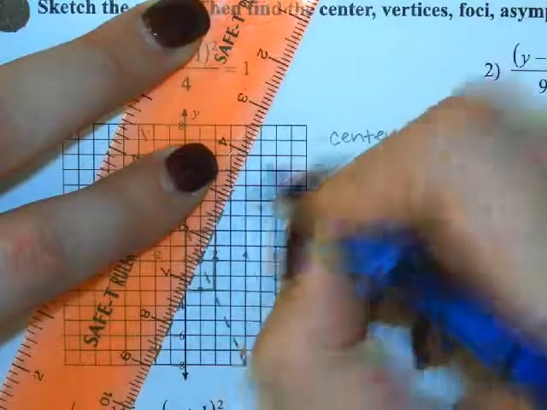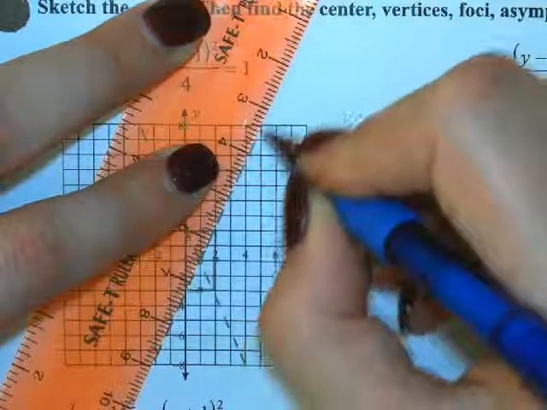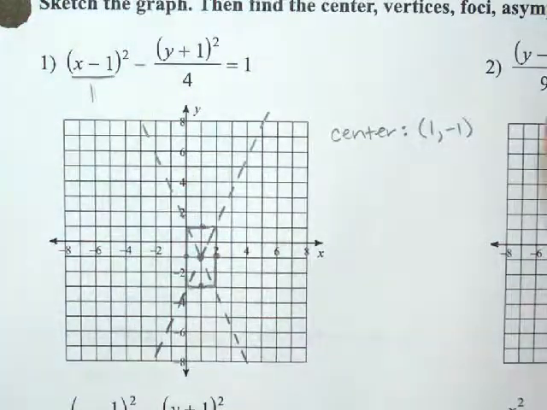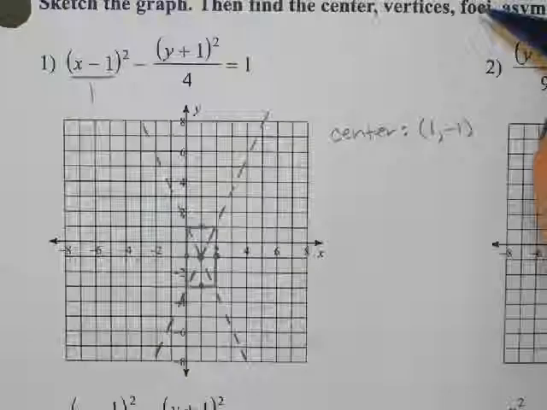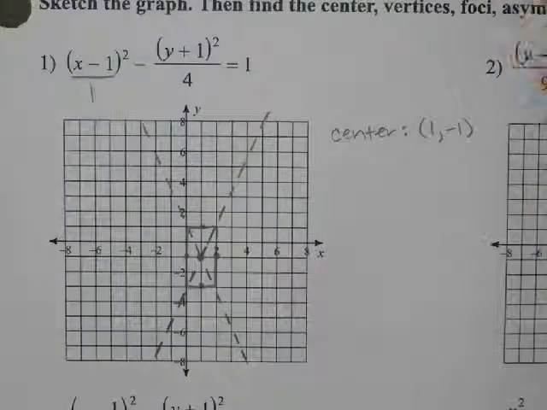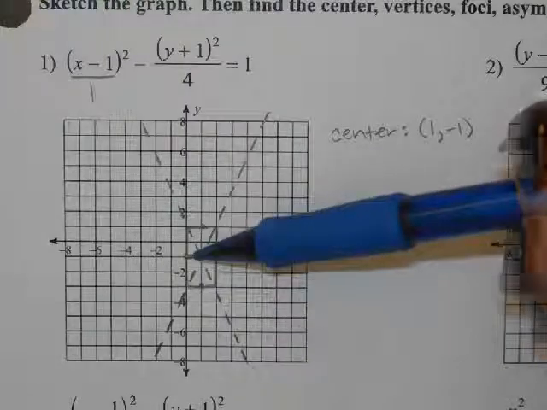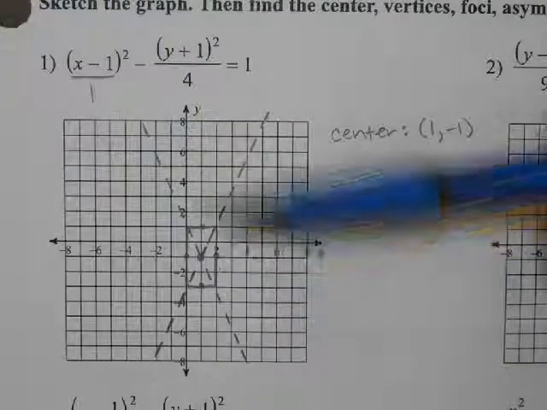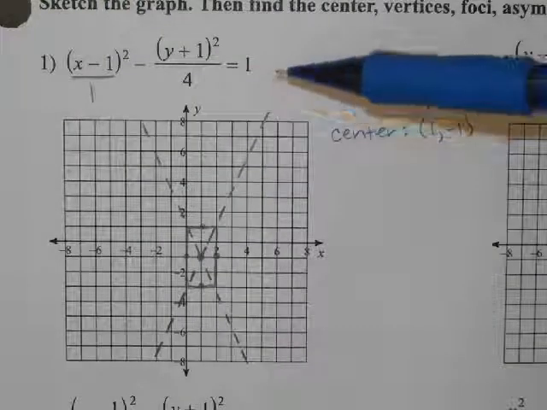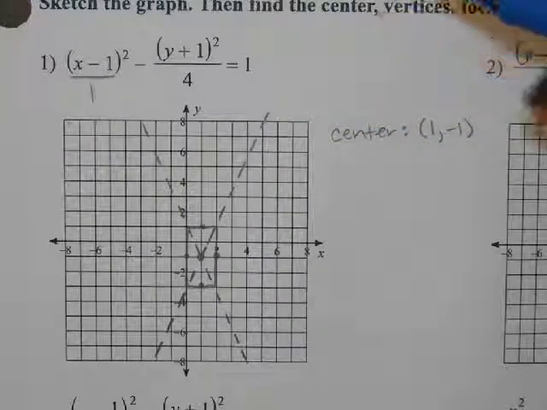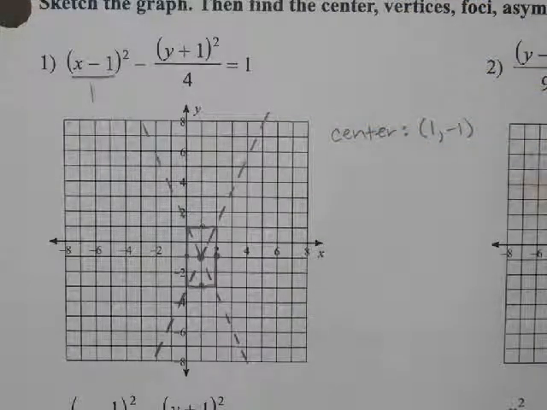And how do I know which way to draw my curves? So we can do the top and the bottom curve or the left and the right curve, and we have to look at the equation to know. So which one are we drawing for this one?